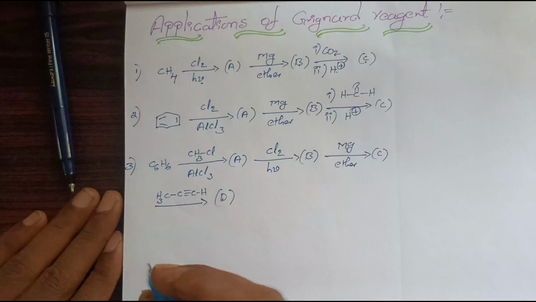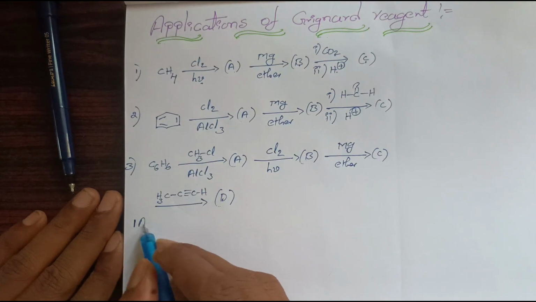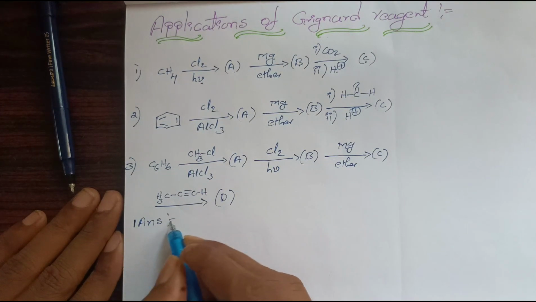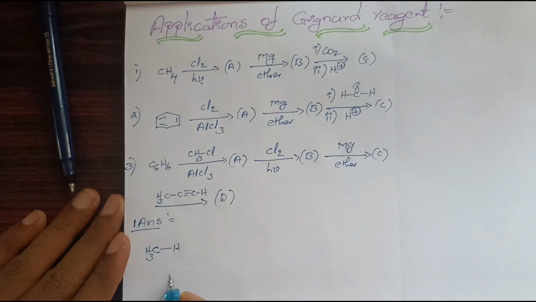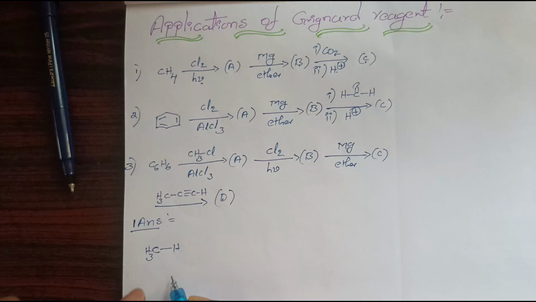Look at the first one. Methane is an alkane. Alkanes are involved in which reactions? Free radical substitution reactions.